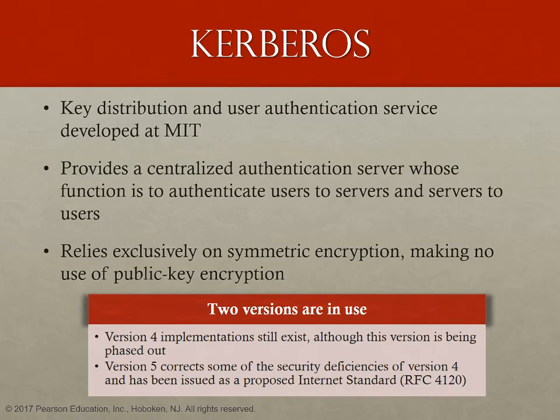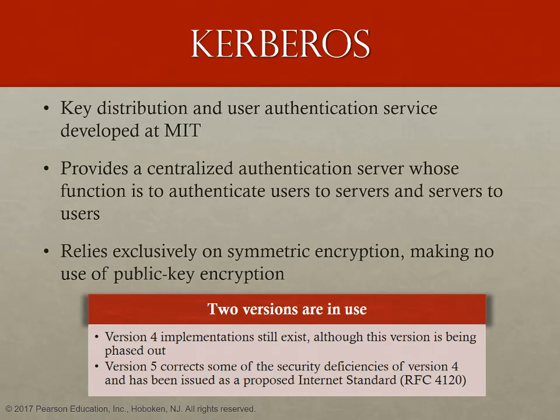Rather than building elaborate authentication protocols at each server, KERBEROS provides a centralized authentication server whose function is to authenticate users to servers and servers to users. KERBEROS relies exclusively on symmetric encryption, making no use of public key encryption. Two versions of KERBEROS are in use.